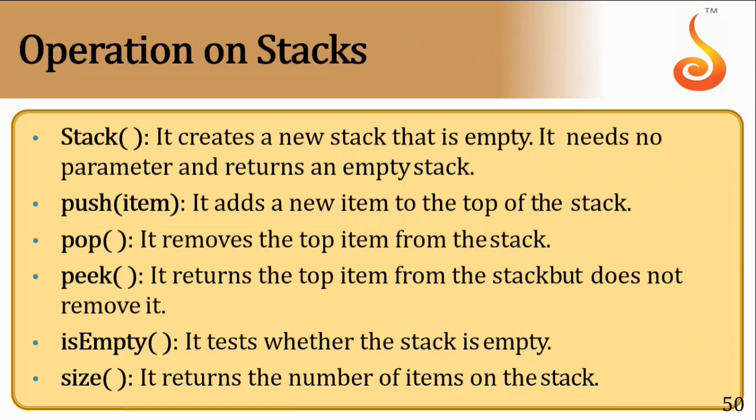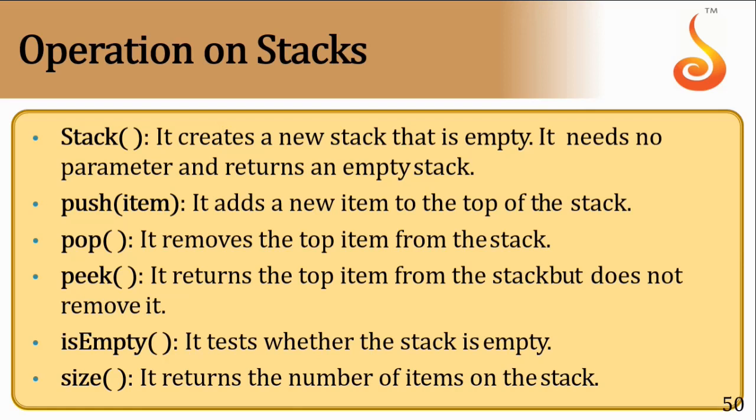So now we'll go through operations on stack. Stack creates a new stack that is empty. Push item. Item is a parameter, that is, you're going to push in an element. What has to be pushed is the item. That is, it adds a new item to the top of stack. Getting it? Why is it top?